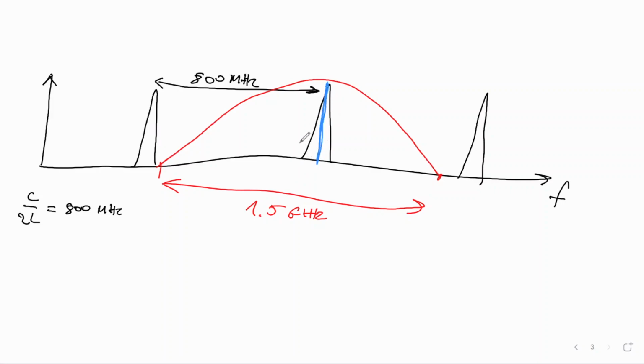Of course, it might happen that L, the length of the laser, will change because of thermal expansion of the material or some other disturbances. And it might happen that these modes will just move around, because if we change the L, we will change this free spectral range.